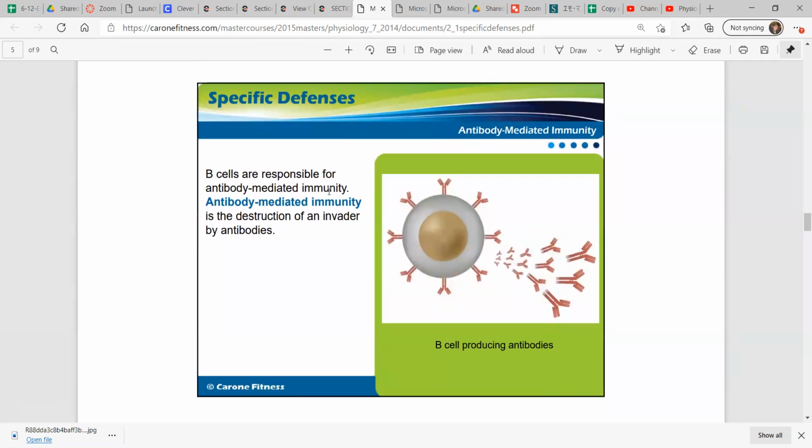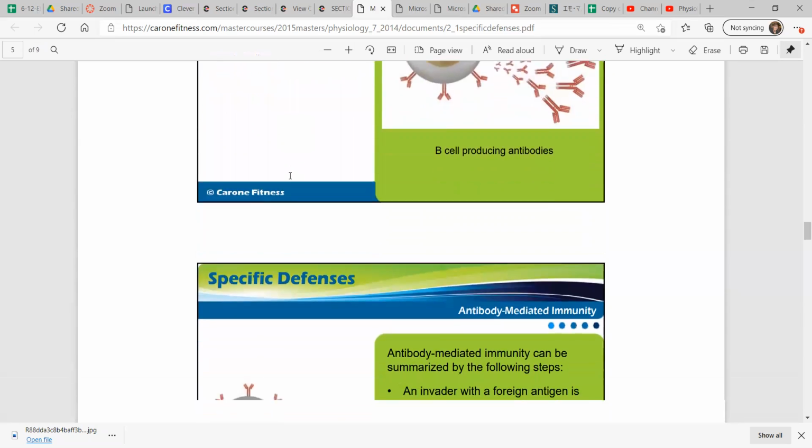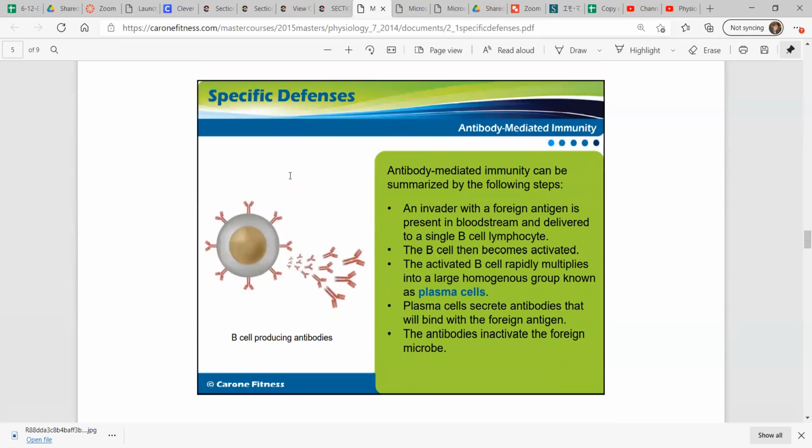B cells are responsible for antibody-mediated immunity. And this is the destruction of an invader by antibodies. So B cells, bodies, B cell antibodies, however you want to memorize that.